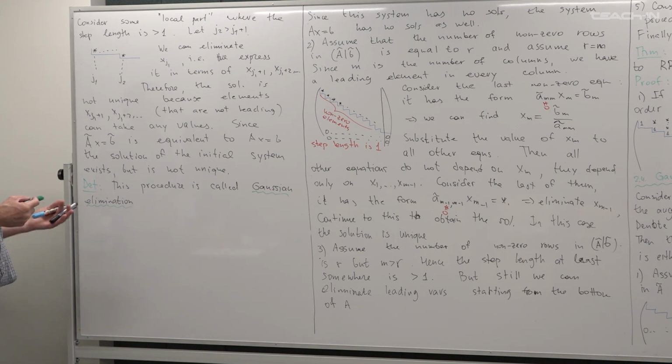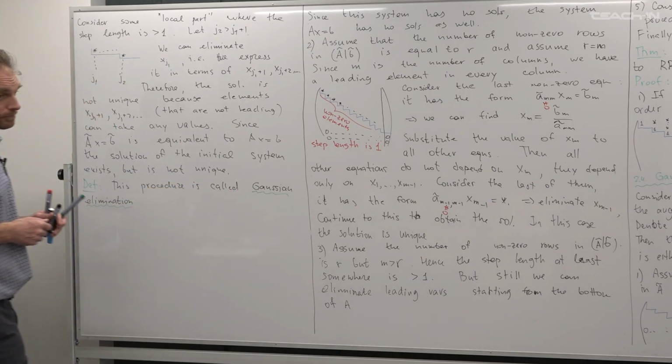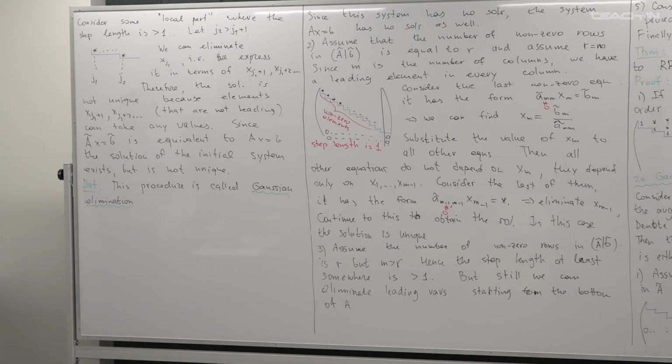So we use the theorem that any matrix can be transformed to row echelon form using elementary row operations. This is how it works in theory, but a bit later we will consider a number of examples.